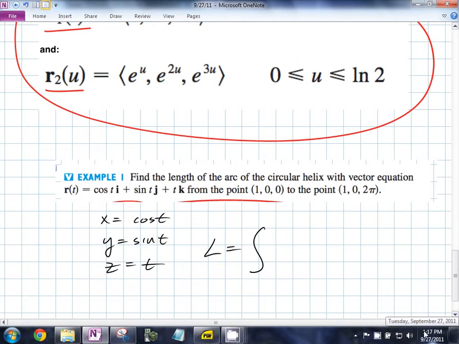It goes from 0 to 2 pi. How do you know it's 0 to 2 pi? Because that's the only one that changes. Look at this one: there's t, from 0 to 2 pi, of the square root of negative sine t squared plus cosine t squared.